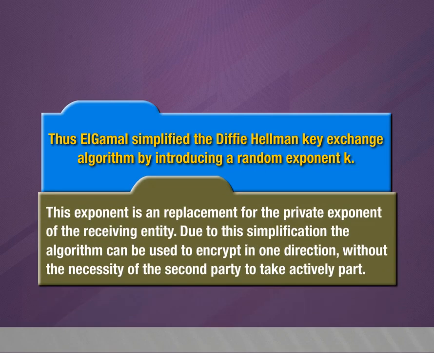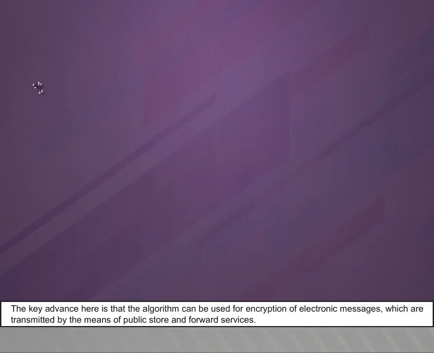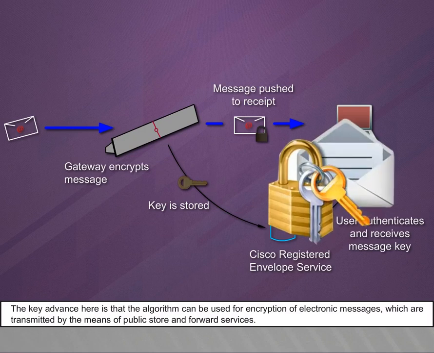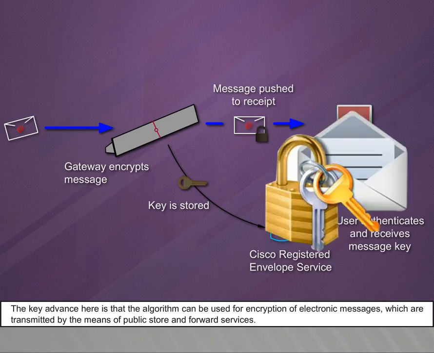This exponent is a replacement for the private exponent of the receiving entity. Due to this simplification, the algorithm can be used to encrypt in one direction without the necessity of the second party to take actively part. The key advance here is that the algorithm can be used for encryption of electronic messages, which are transmitted by means of public store and forward services.